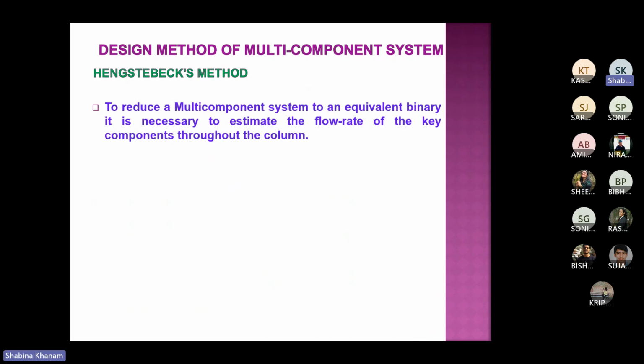Let me tell you in this way: as we have defined flow rates of each component, among these components, one is light key, one is heavy key, as we have defined earlier. So obviously the light and heavy key components should also have flow rates. So the consideration over here is all the light non keys.